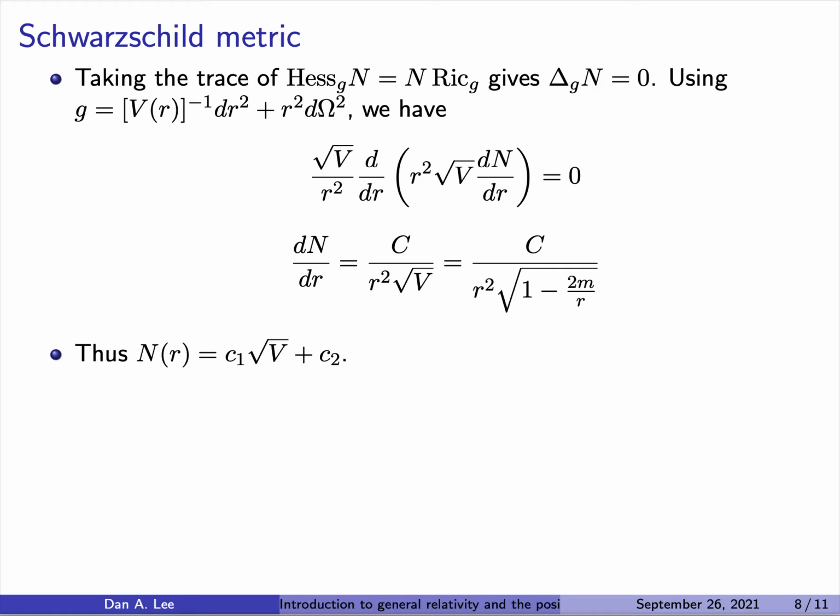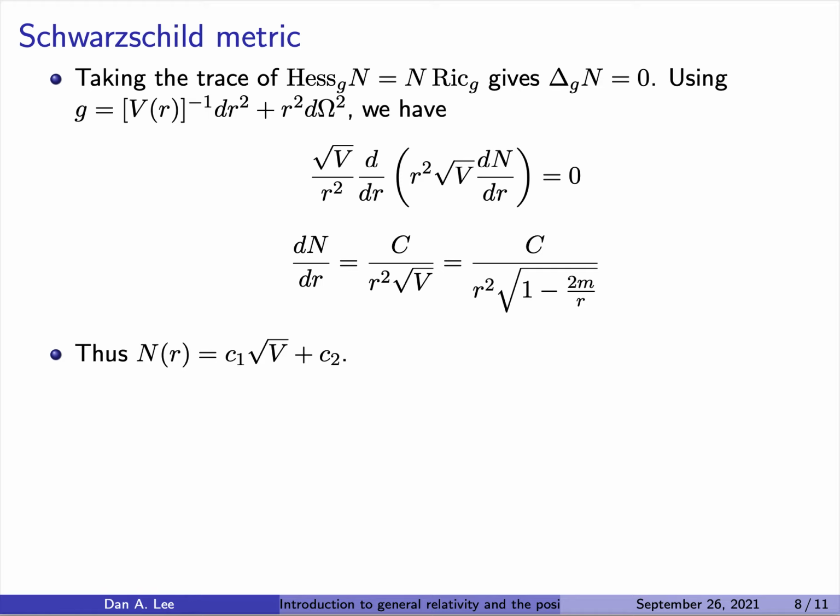Okay, but unfortunately, we can't stop there because we have to check that n actually solves the Hessian equation. And in fact, not every n of this form solves the Hessian equation. You can easily see that the constant c2 by itself does not, because if you plug in n equals a constant, then its Hessian is 0, but n times Ricci is not 0.